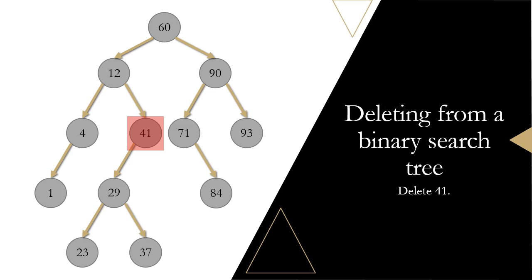I make the parent of the victim adopt the orphan of the victim. So I make 12 adopt 29 as its right child. This is what I want to do. Now 41 has been deleted from the tree and 29 becomes the right child of 12.